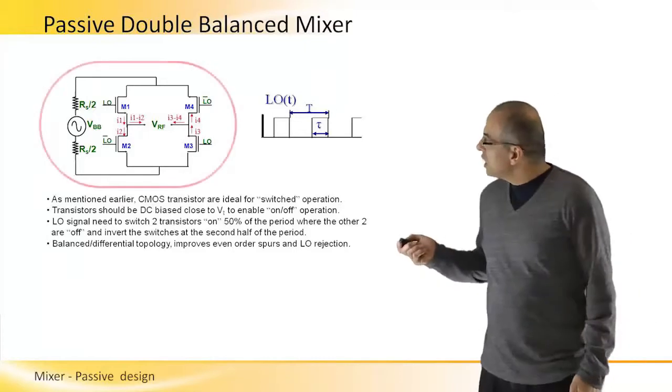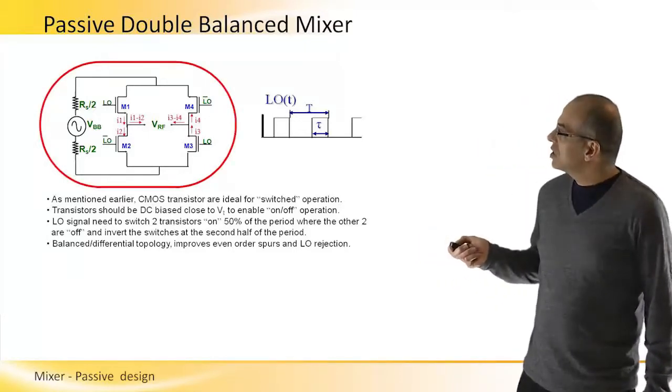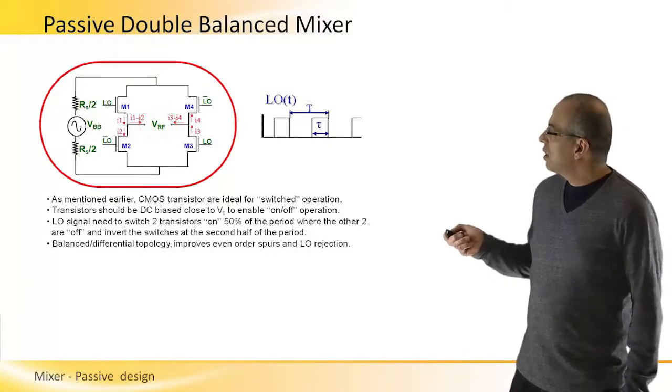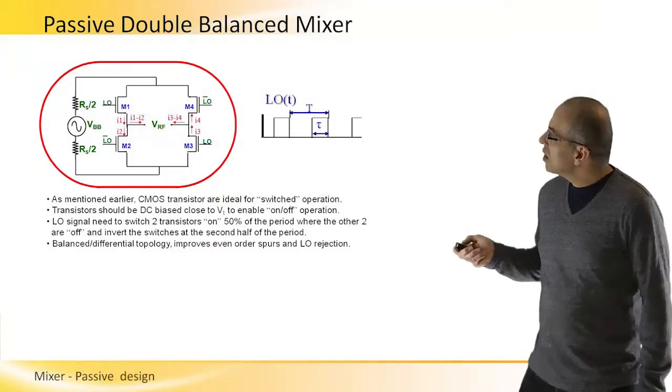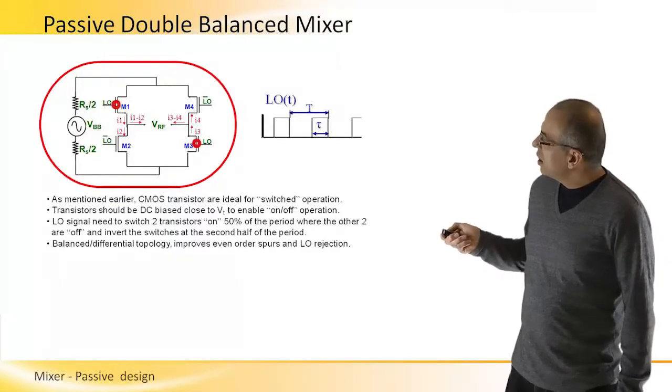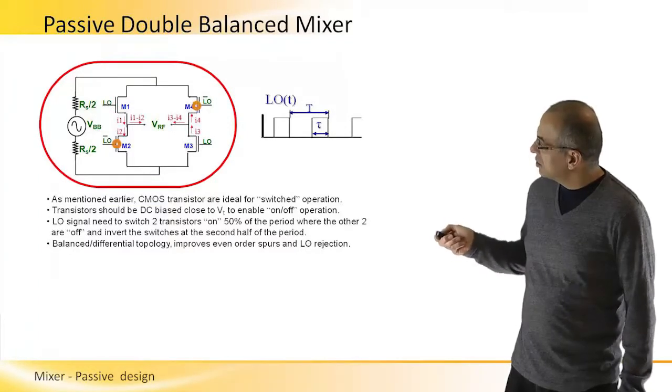This topology has the input signal connected between these two nodes. It incorporates 4 NMOS transistors, where the LO signal is connected to this pair, and the complementary LO signal is connected to this pair.